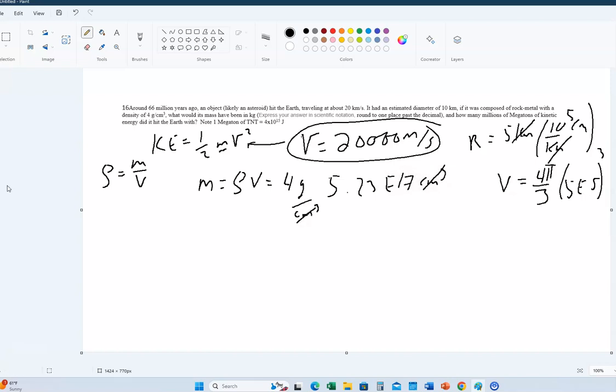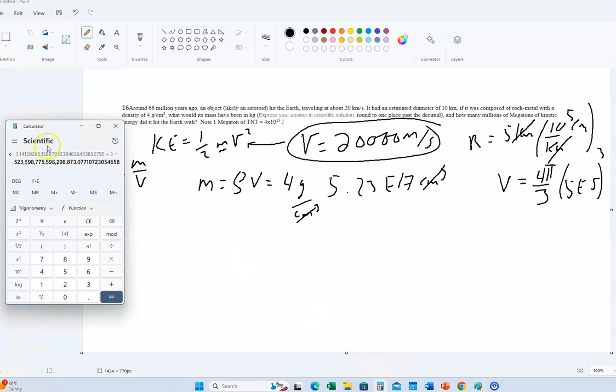Centimeters cubed will cancel. So you multiply this number that's in your calculator already times 4. That's the point, because that's the estimated density of this asteroid. So there it is, and that's the mass. I wish this calculator would do this in scientific notation.